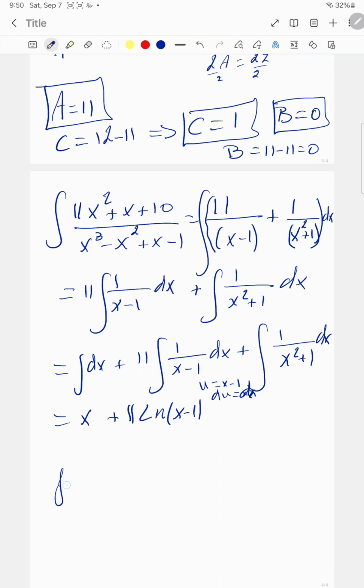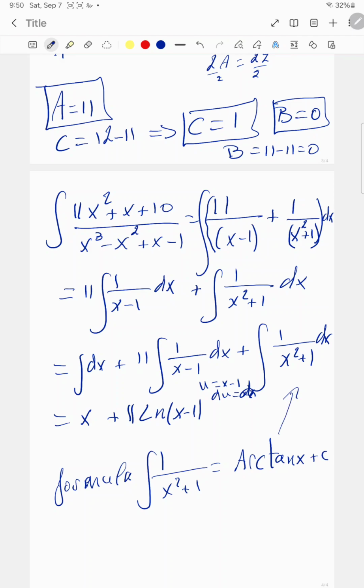The integral of 1 over x squared plus 1 is equal to arctan x plus c. So I can replace that by arctan x, so I have plus arc tangent of x, and all that is plus c. And that would be my final answer for this exercise.